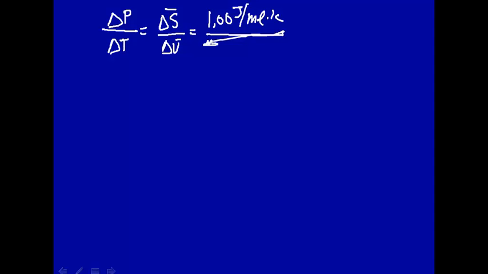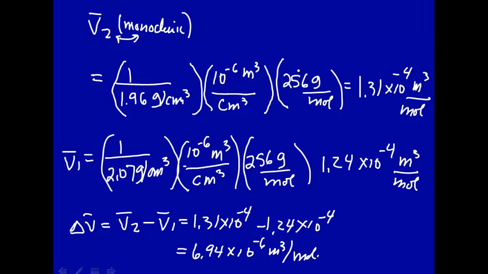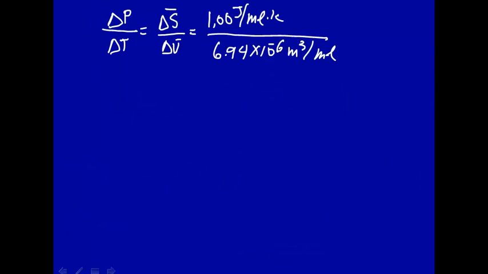Delta V bar is, we just calculate what that is, 6.94 times 10 to the minus 6 meter cubed per mole. Did I put a 6 there? Yes, 10 to the minus 6, that's correct. And that comes out to be 1.12 times 10 to the fifth joule per meter cubed Kelvin.